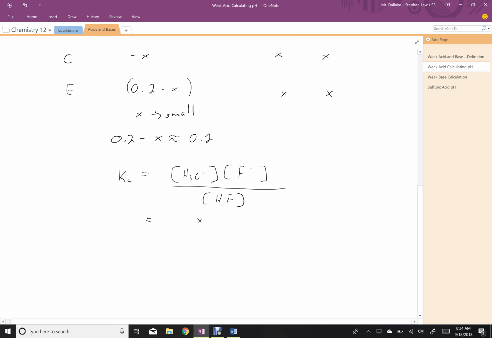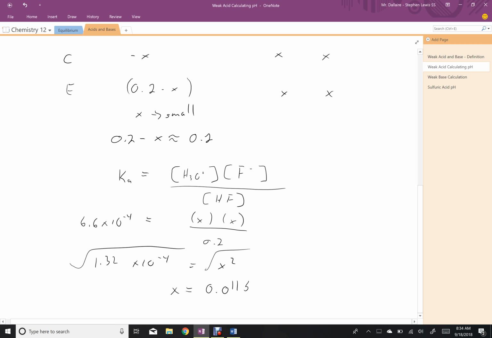So we have X squared over 0.2 on the bottom, and this works out to 6.6 times 10 to the negative 4. So 6.6 times 10 to the negative 4 times 0.2 is 1.32 times 10 to the negative 4. And this is X squared, and then I'll square root both sides. And I get X being equal to 0.0115.